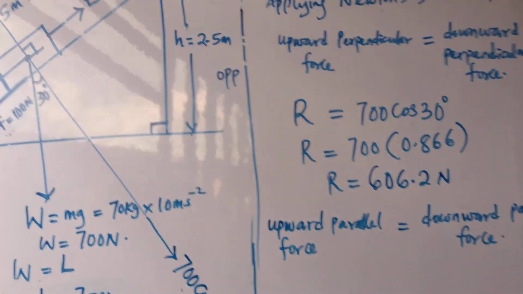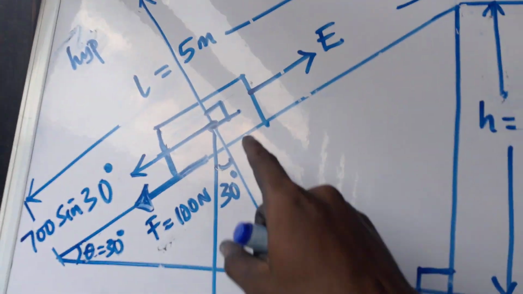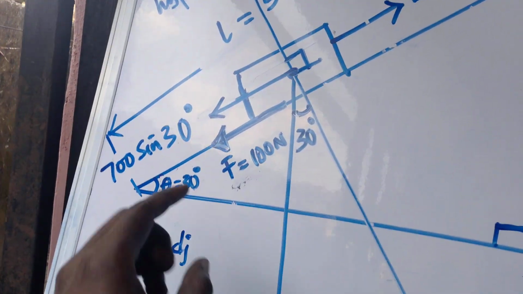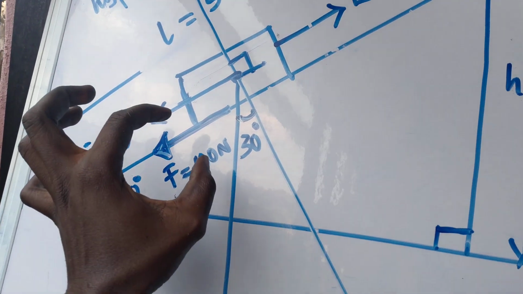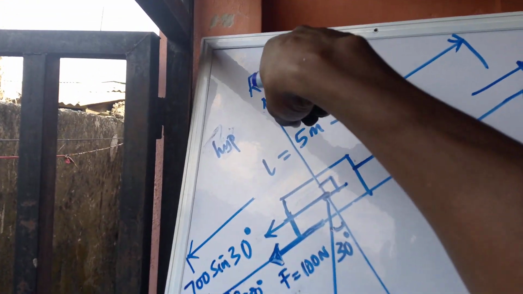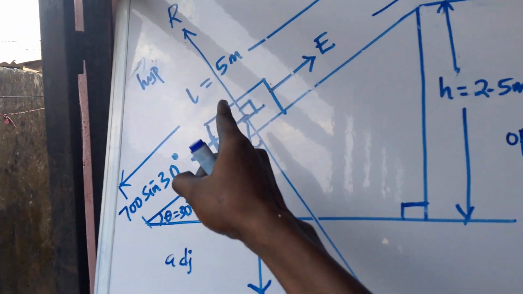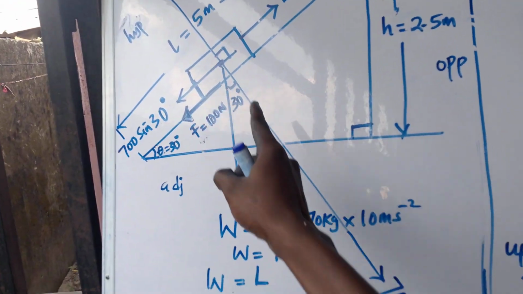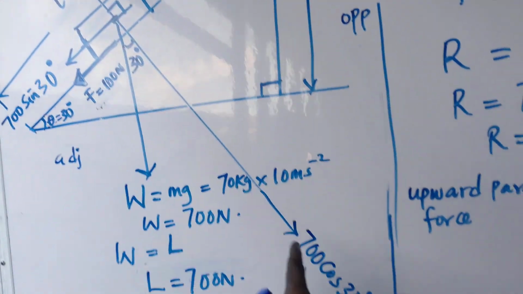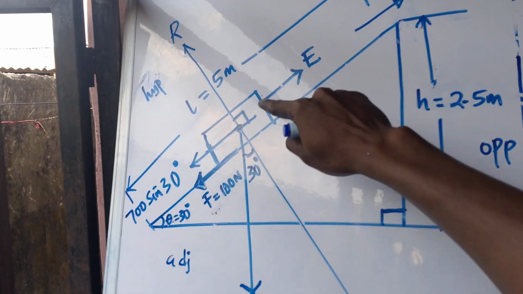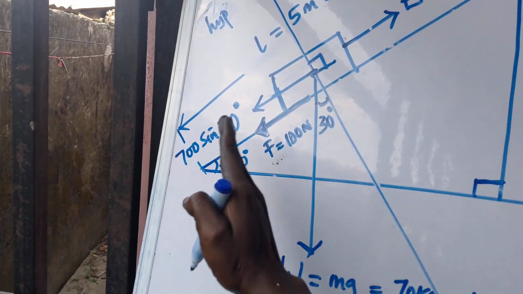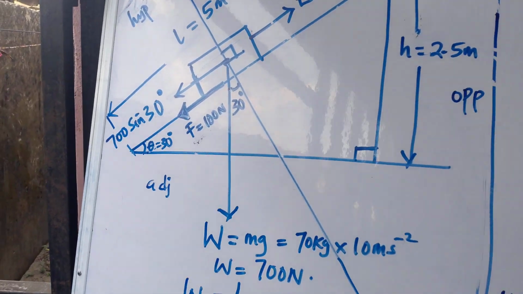The upward parallel force is the effort, and the downward parallel forces are 700 sine 30 and the frictional force F. This one shows the perpendicular forces: the normal reaction is the upward perpendicular, and the downward perpendicular force is 700 cos 30. Now for the parallel forces, this is the upward parallel force, the effort, and the downward parallel forces are 700 sine 30 and F, the frictional force.